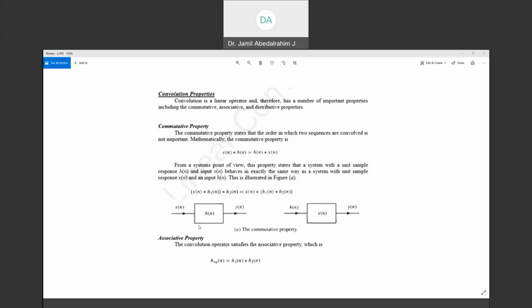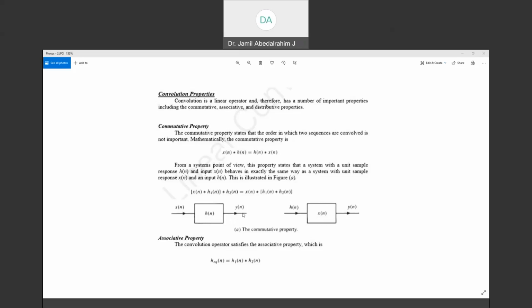That means originally the input x of n enters the system or the device, is multiplied by the device signal or the signal of the system, and we get y of n.